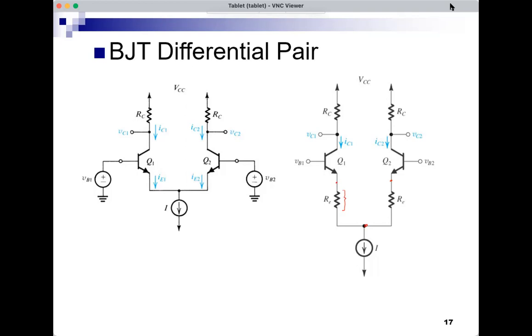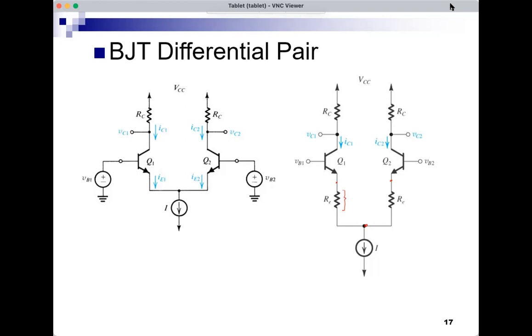increasing the input resistance. But we pay a price, as we'll see later, in reduced gain. And we've seen this when we studied the common emitter with emitter resistor.